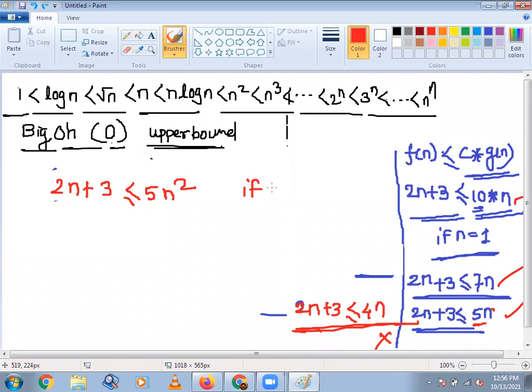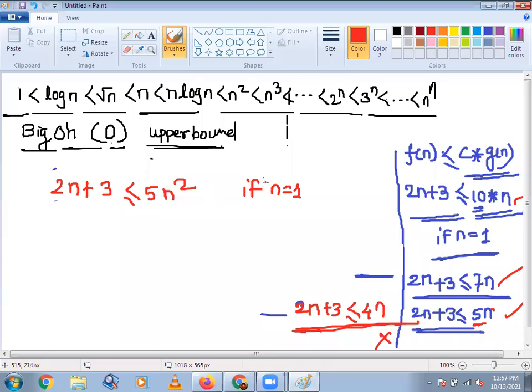If n is equal to 1, it satisfies the equation. Yes.